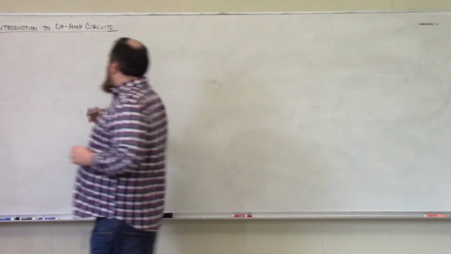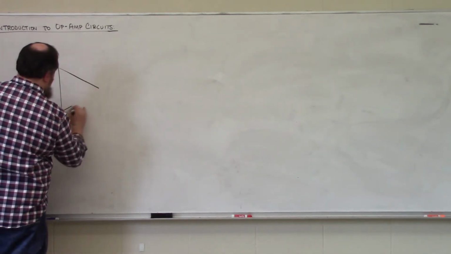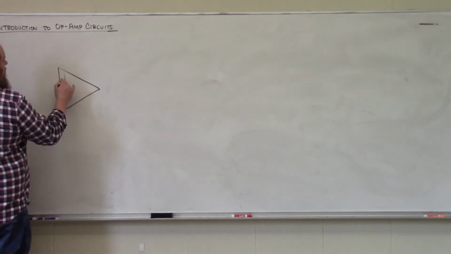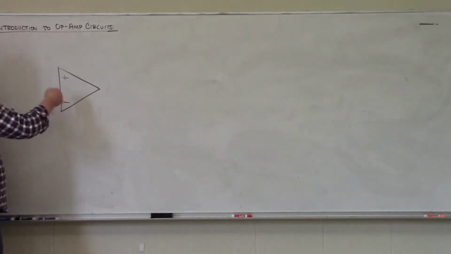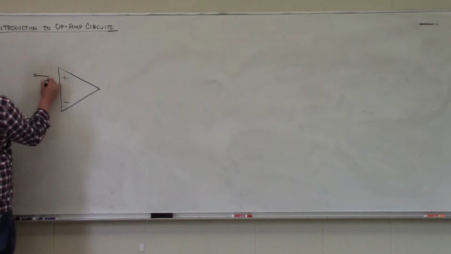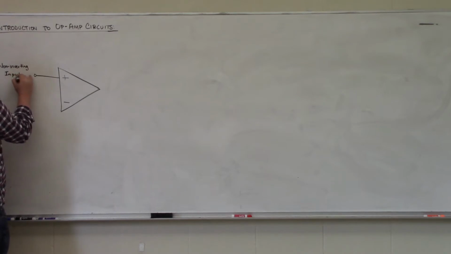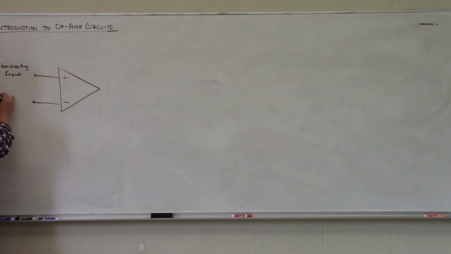So the schematic symbol for an op amp is a triangle, like so, and you'll see a plus sign and a minus sign on the wide side of the op amp, where the plus sign corresponds to what's called the non-inverting input, and the minus sign corresponds to the inverting input.